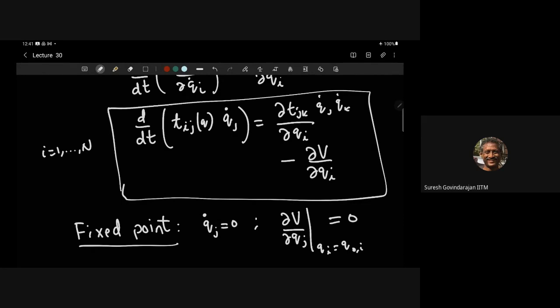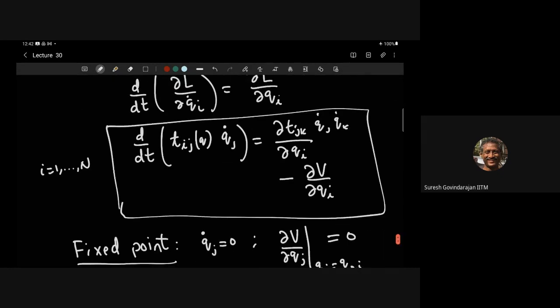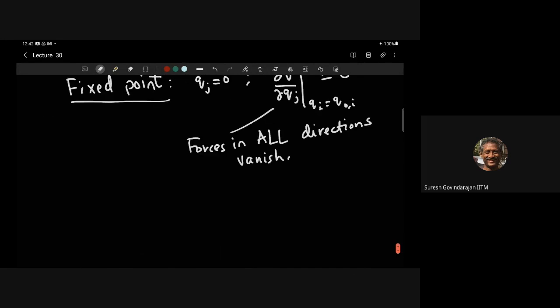We need the forces in all directions to vanish; there cannot be any exception. Is this point clear? All these q dot terms vanish at that fixed point, and so you will just get Tij. So this is the definition of a fixed point.